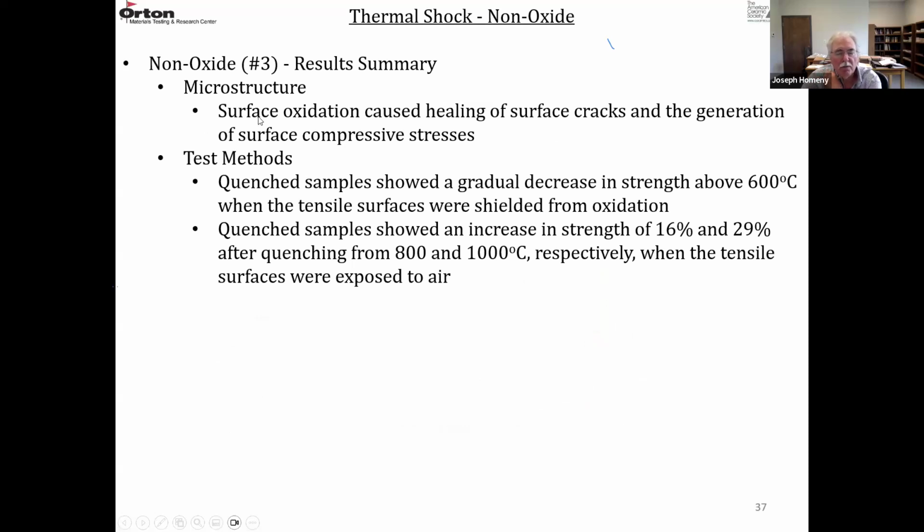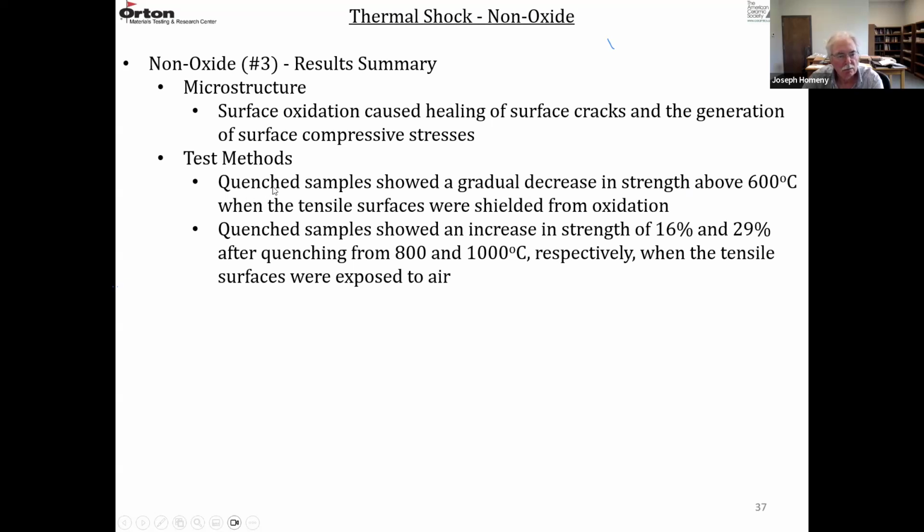So as far as the microstructure is concerned, the surface oxidation caused healing of cracks on the surface and perhaps generated compressive stresses on the surface. The quench sample showed a gradual decrease in strength above 600 degrees C when there was no oxidation.